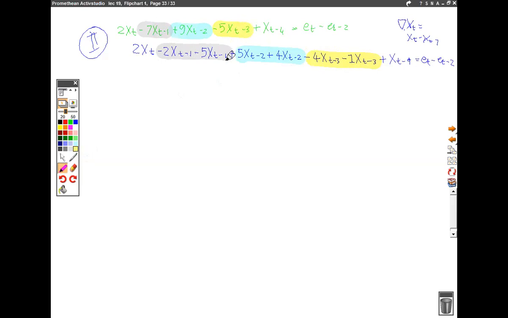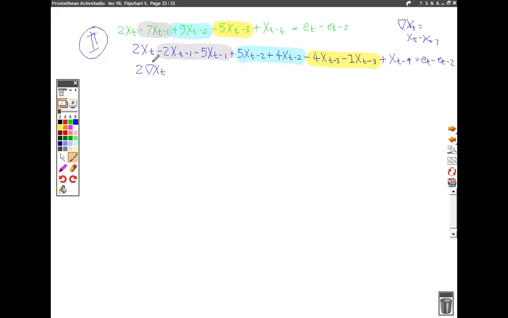So this is in essence just rewriting the actual model that I had at hand in a convenient way so that I can use nabla and my difference operator to rewrite it. So now if I were to write this equation again, I can just write it as 2 nabla xt.